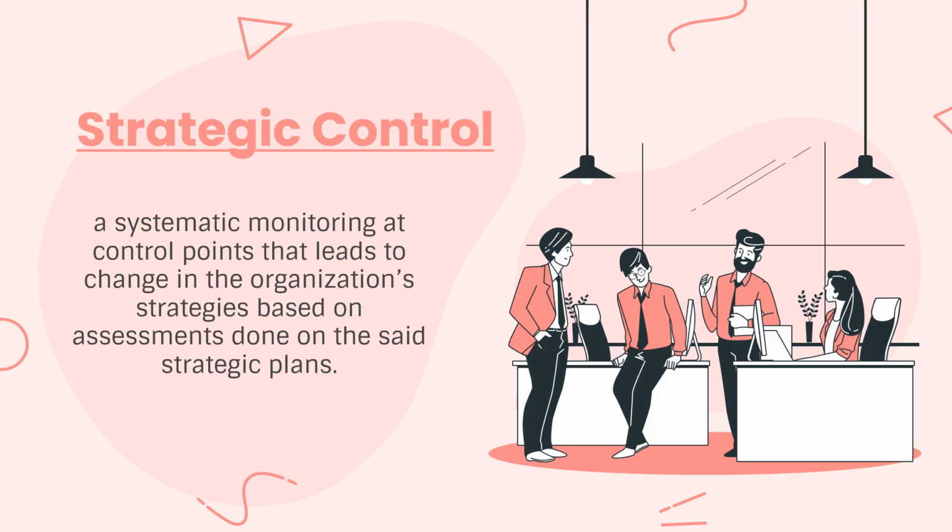So, as you can remember, we already discussed the strategic plan. These are the long-term directions or goals ng organization or businesses. So, when we say strategic control, ito yung pagmamonitor ng mga long-term direction natin or long-term plans ng isang organization.